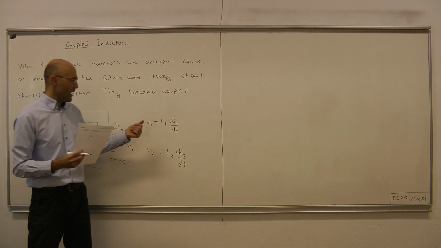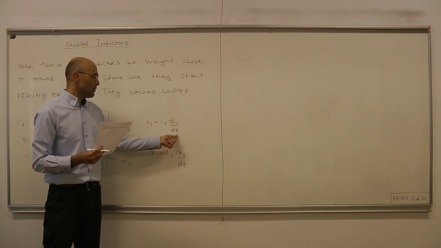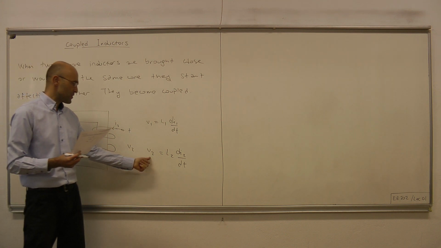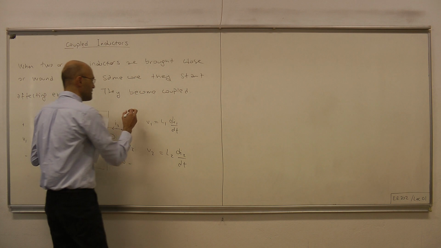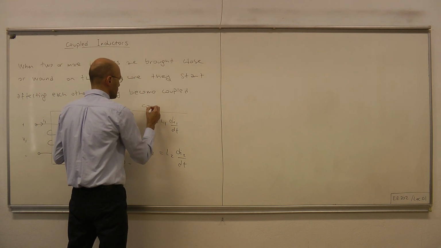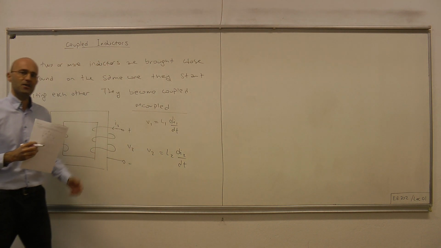Now in this case, V1, this voltage, depends only on its own current. Likewise, the second voltage depends only on its own current. So when that's the case, we call this situation the uncoupled case.